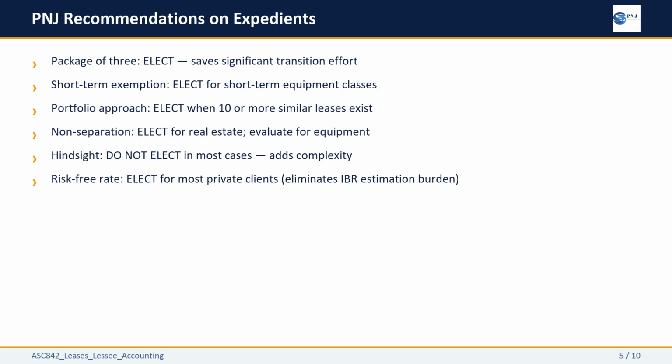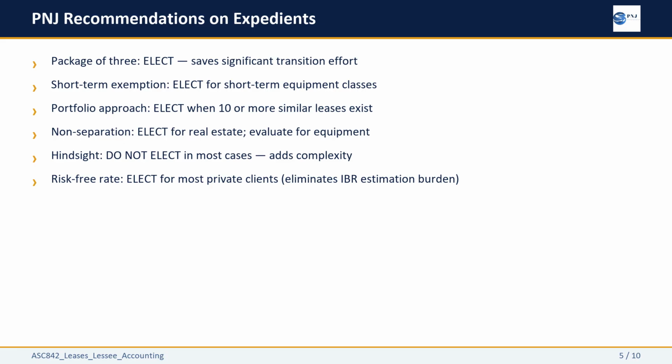PNJ's handbook provides specific guidance on each election. The package of 3 transition expedients should generally be elected. Avoiding reevaluation of all existing leases saves enormous effort. The short-term lease exemption should be elected for asset classes with short-lived leases, like small equipment or month-to-month agreements. The portfolio approach makes sense when you have 10 or more similar leases that can be grouped.